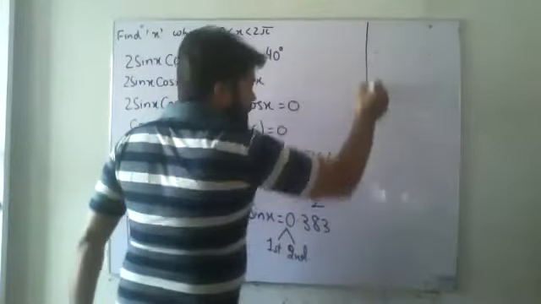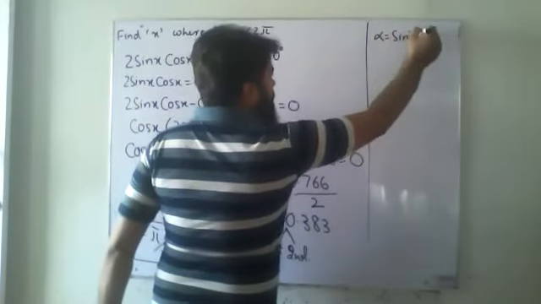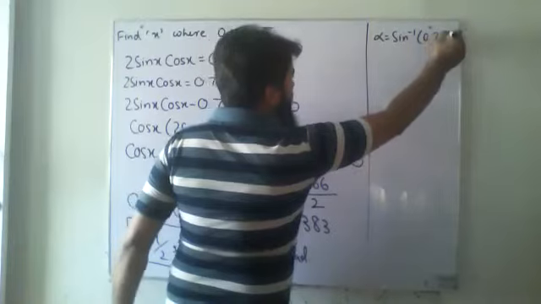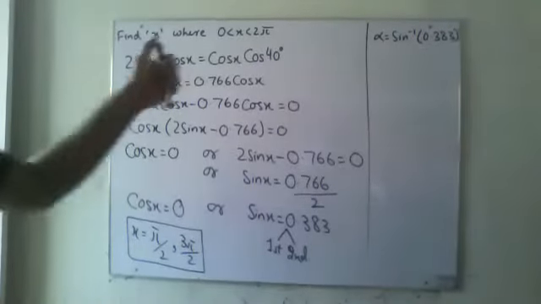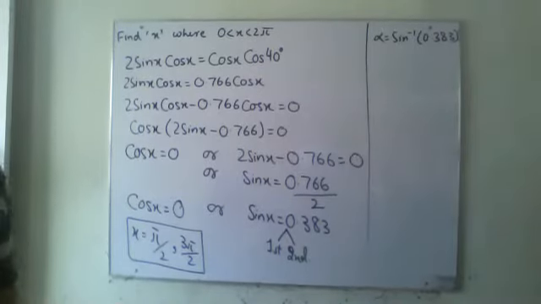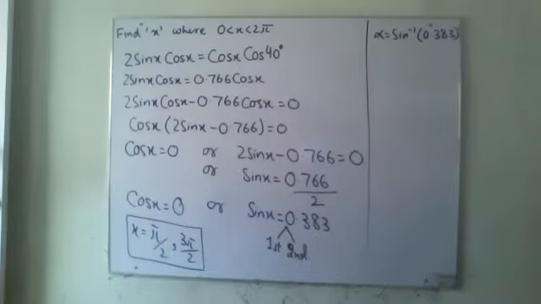So first of all, alpha equals sine inverse 0.383, which means I have to find sine inverse of 0.383, but it should be found in radian mode, not in degree mode.